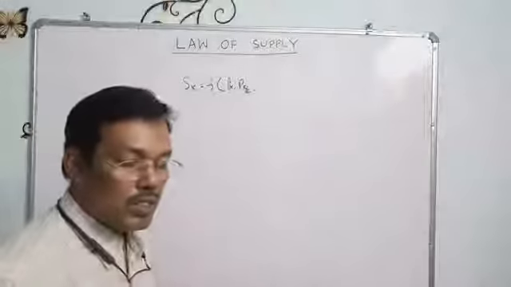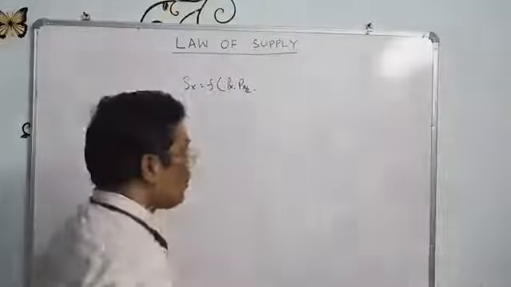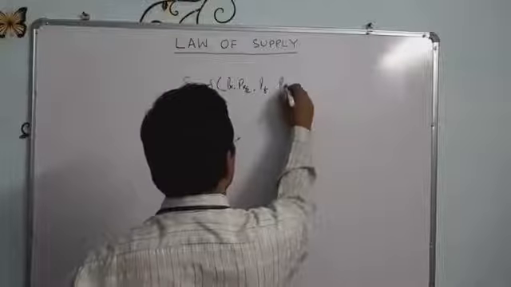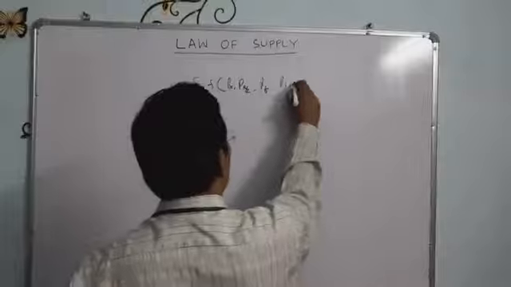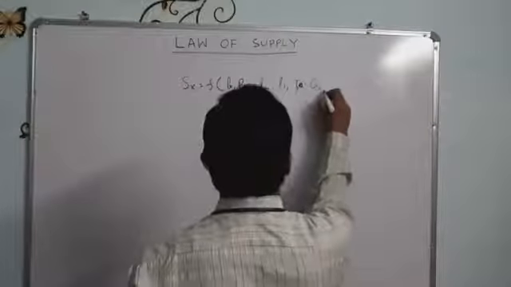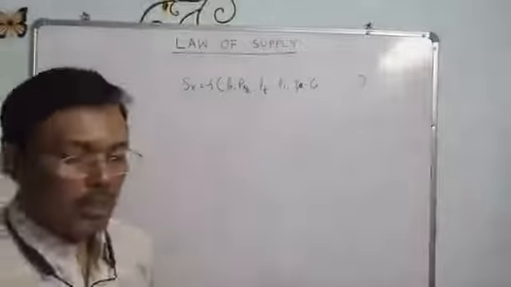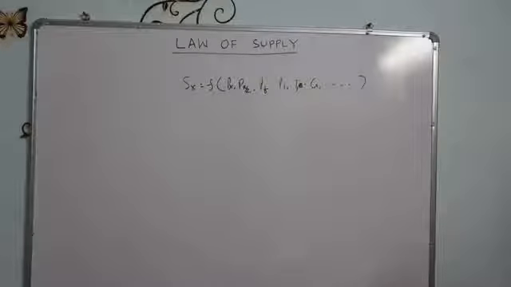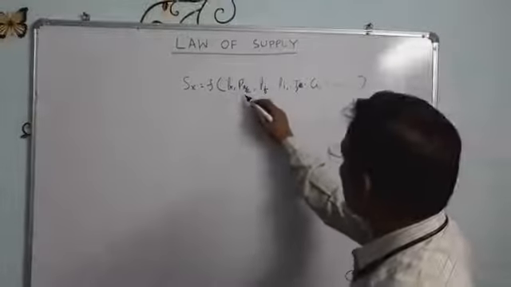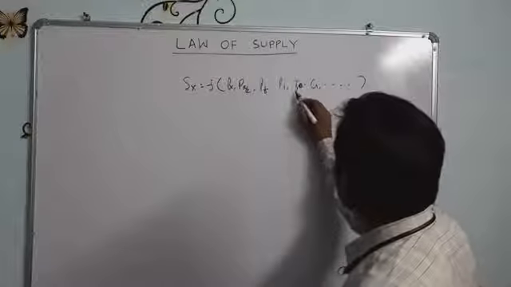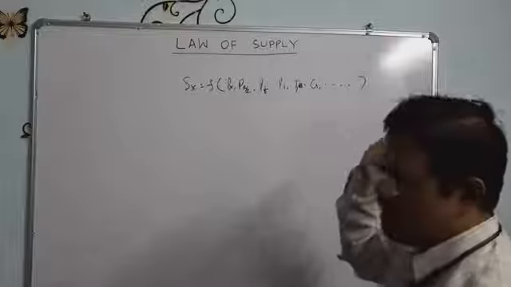Next, we are discussing price of factors of production, price of inputs, then technology, T, and goals of the firms, government policy, etc. These are the different factors which are affecting supply.